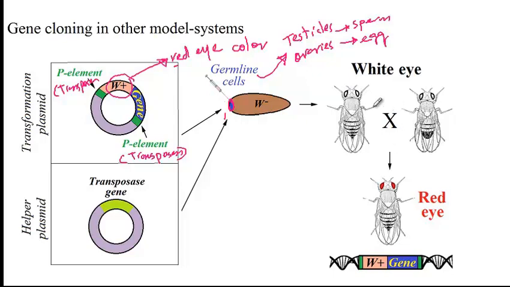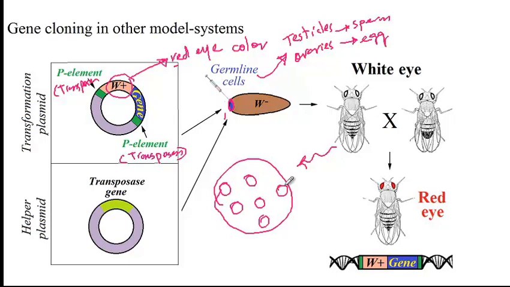Alright? So now we have a white eye fly in which some of the germline cells are carrying the gene of interest. But then there will also be some other germline cells that don't carry the gene of interest, because the transposase gene and the transposons didn't insert into their genome.